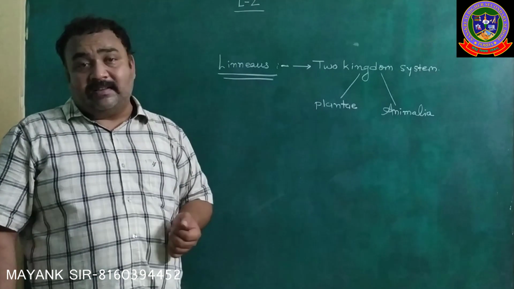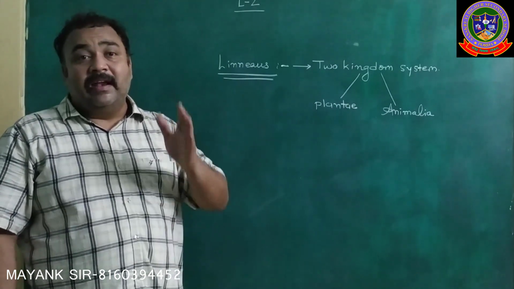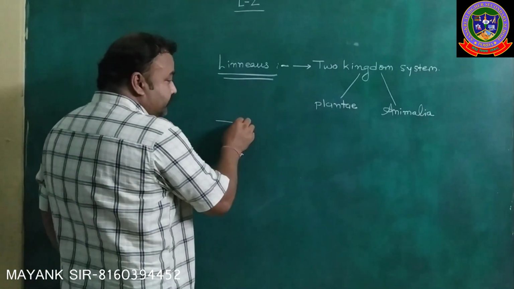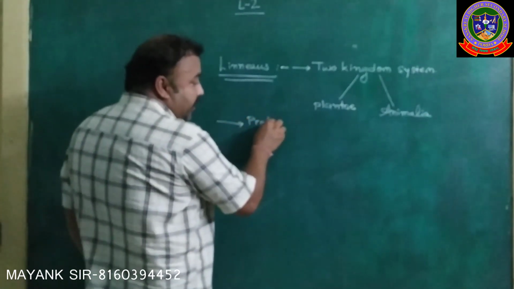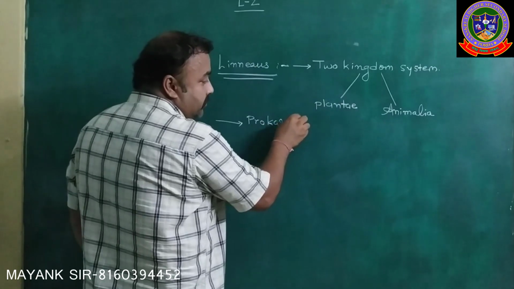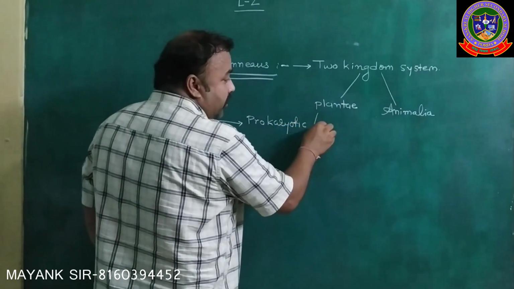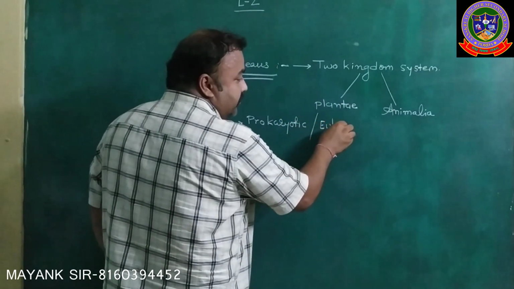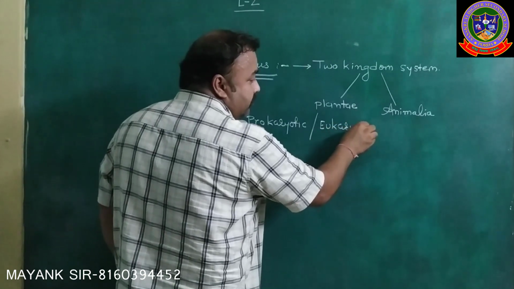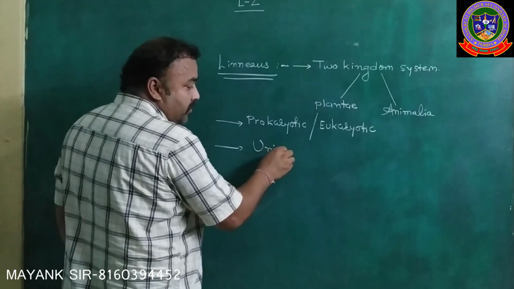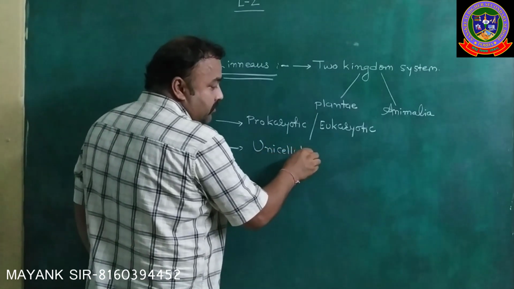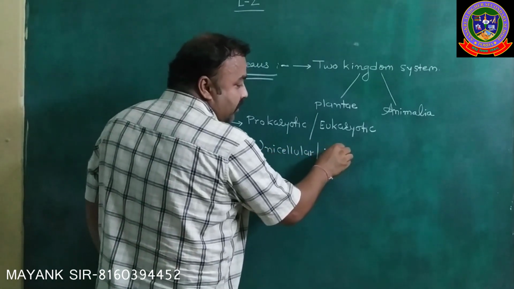He did not classify the organisms depending upon their cell structure. That means either they are prokaryotic or eukaryotic. Either they are unicellular or they are multicellular.